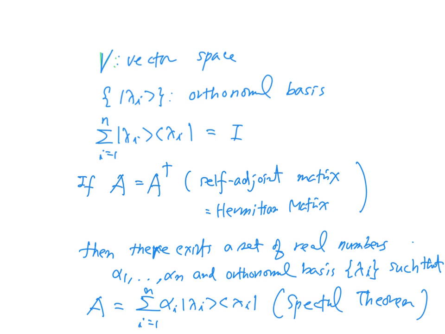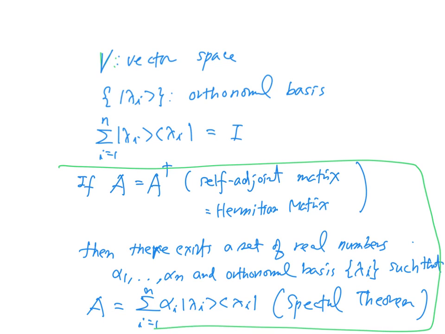And in the special case, if A is A adjoint, it's called self-adjoint or Hermitian. If A is self-adjoint, then there exists a set of real numbers, alpha 1 to alpha n, and the orthonormal basis lambda I associated with A, such that A can be written this way. It's called the spectral theorem. This is actually a very powerful theorem, but too abstract. Think about it, right?